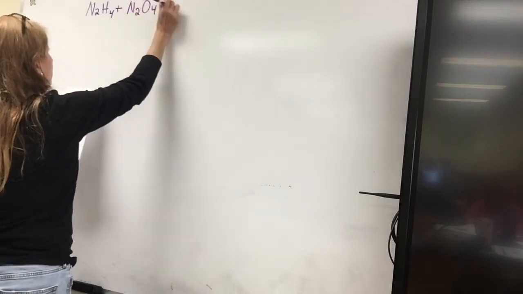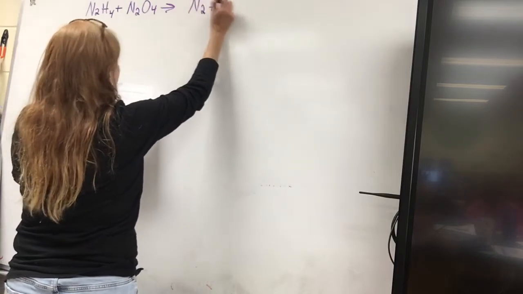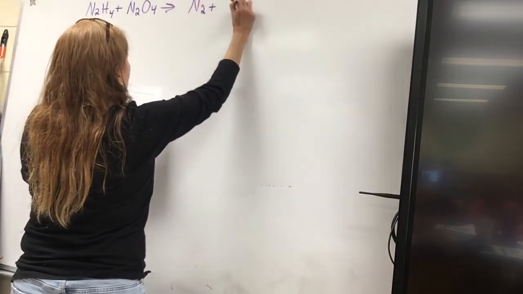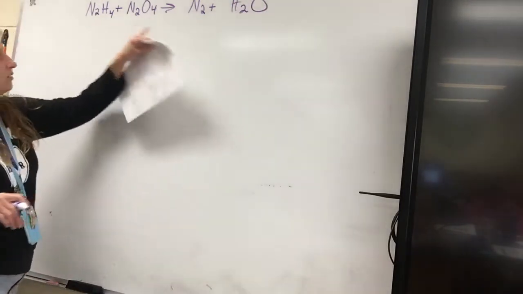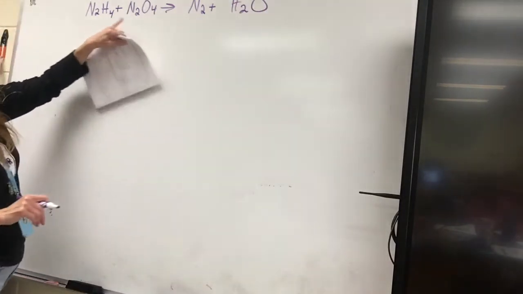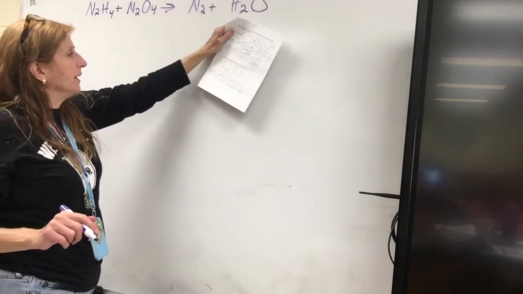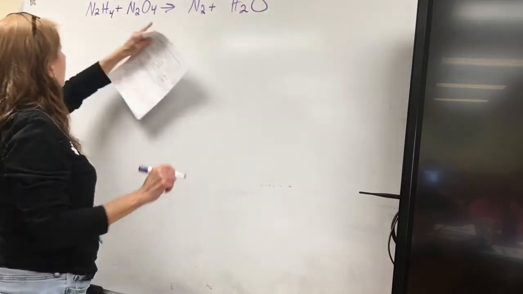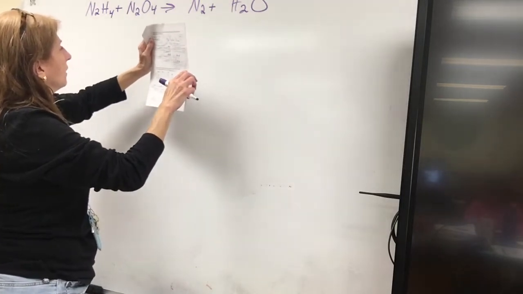Practice balancing your equation. 4 + 2. Okay, so 2 nitrogens, 4 hydrogens, 2 hydrogens. So what do I need in front? Oh, wait a second. I said 2, 3, 4.